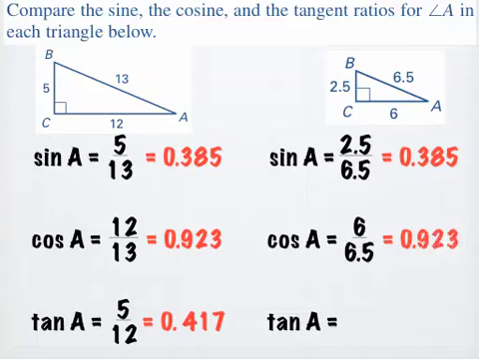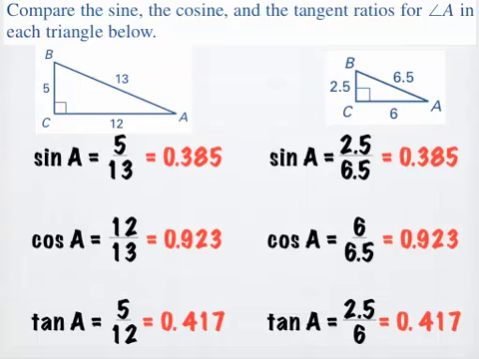And then for tangent of A, it would be opposite over adjacent, which would be 2.5 over 6, which is 0.417. If you notice here, the sine of A in both triangles is the same, 0.385. The cosine of angle A in both triangles is 0.923, and then the tangents are also the same.